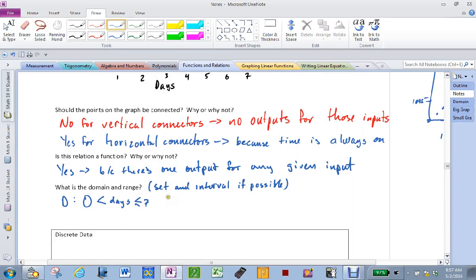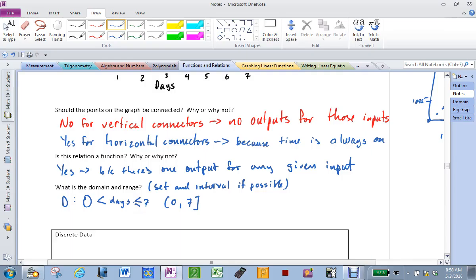What kind of bracket? Round. 0. What kind of bracket? Square. Are there any restrictions on that?